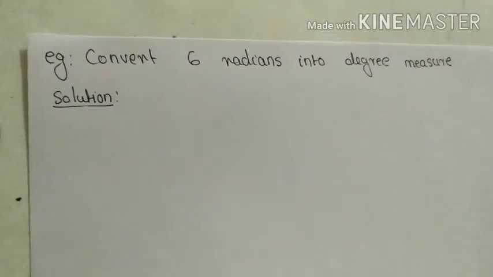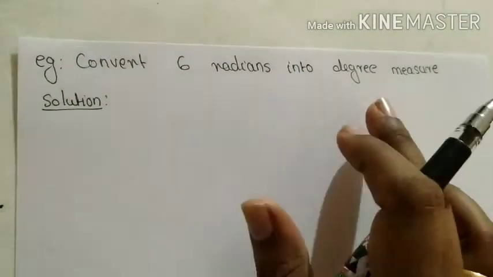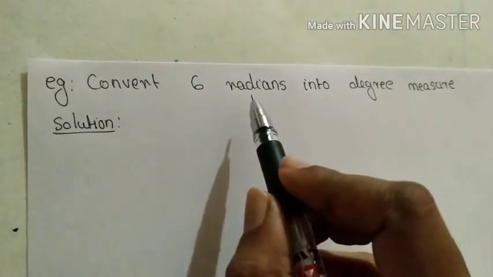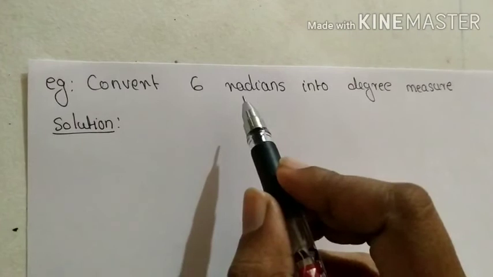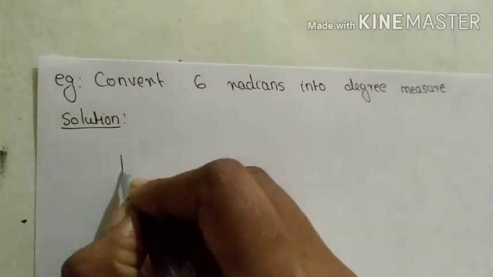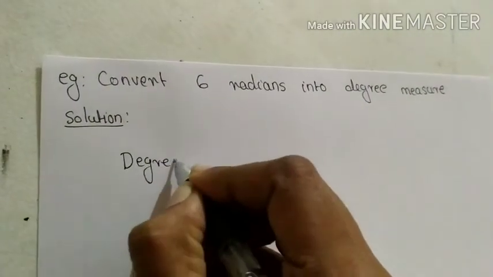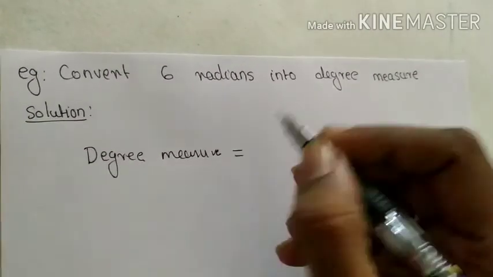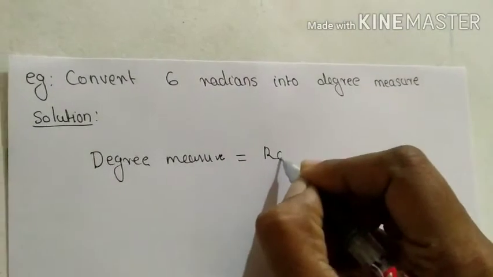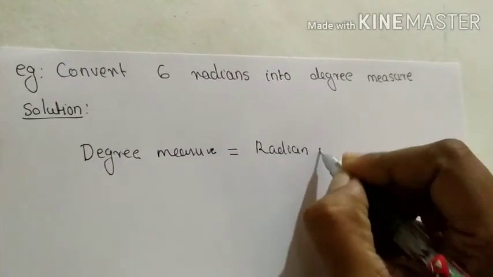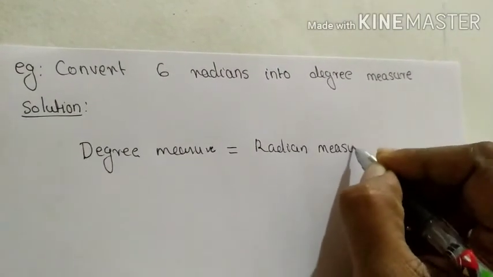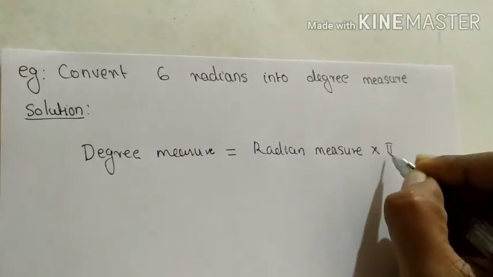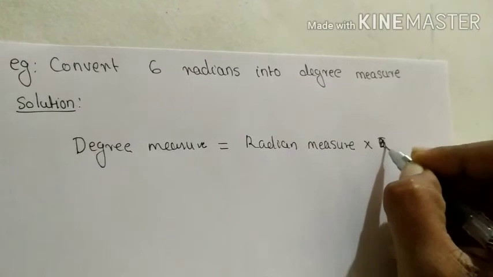Next example is convert 6 radian into degree measure. So here we need to convert radian measure into degree measure. So we know the formula: degree measure is equal to radian measure into 180 by pi.